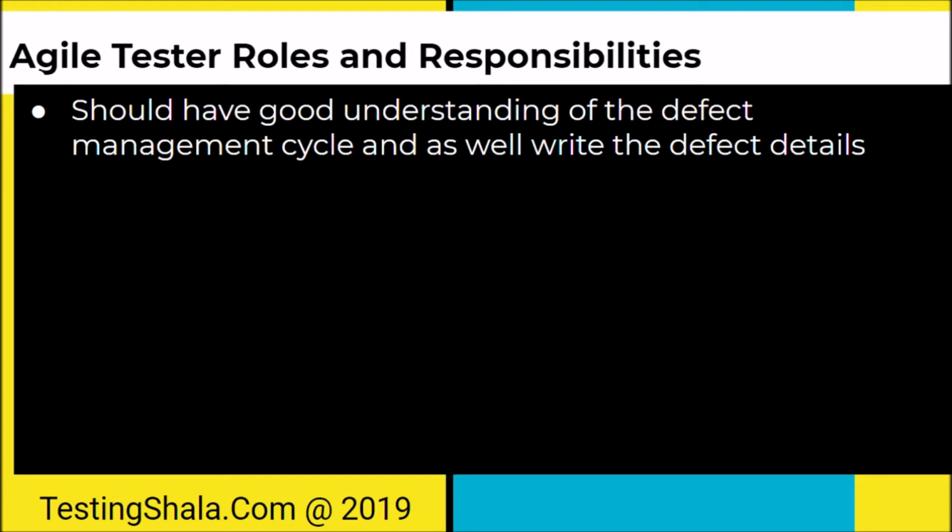You should give complete details about the title and what steps are required, step by step in detail, and you should also give all the relevant information. It could be log files, or which operating system you are using, or which mobile device you are using, or which browser you are operating. Everything you should give in the defect tool, right? That means you should be well versed in writing those defect details.